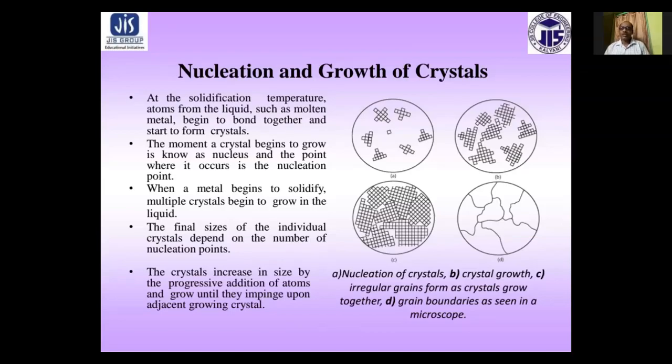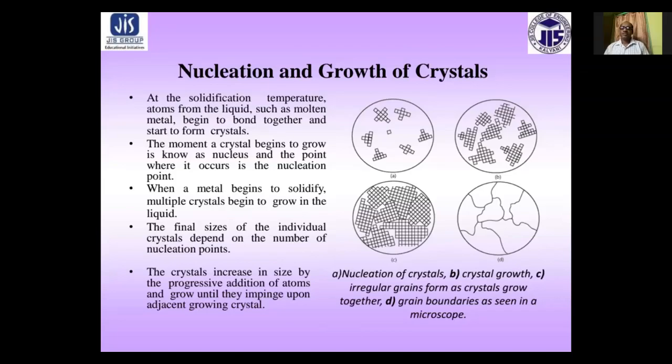When a metal begins to solidify, multiple crystals begin to grow in the liquid. In the third figure, that is C, irregular grains form as crystals grow together. The final size of individual crystals depends on the number of nucleation points and their orientation. Depending on the orientation, the grain size may be irregular and may differ from one another.